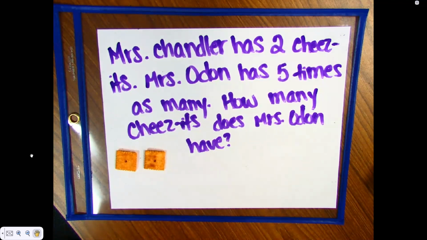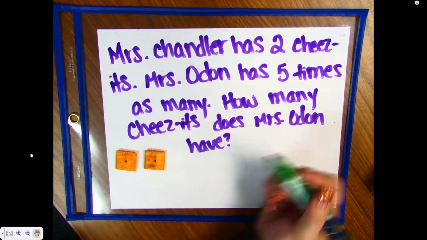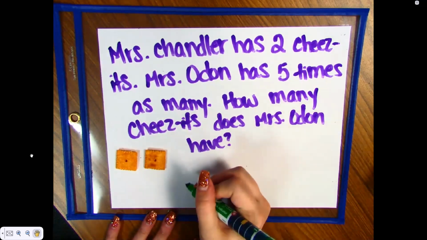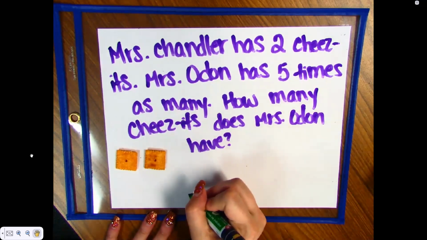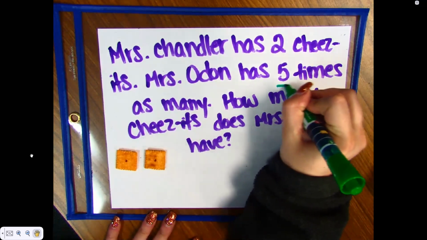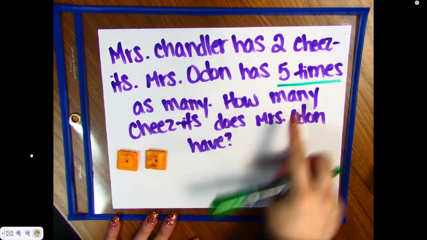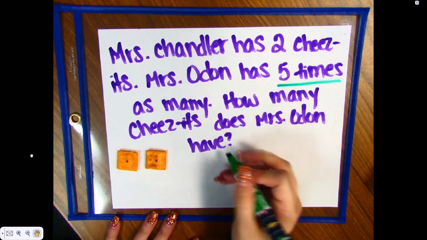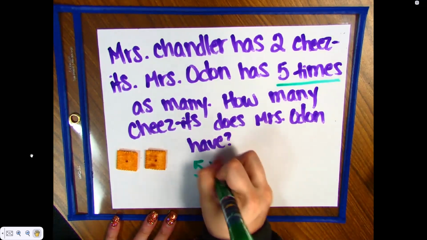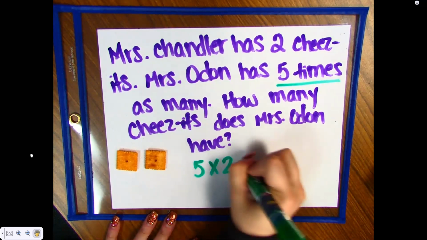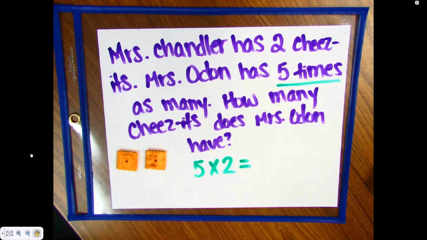Okay, so what would my equation be to help me figure out how many Miss O'Dawn has? Aiden, what would my equation be? 2 times 5. But look, I have 5 times, so 5 needs to go first. 5 times 2 equals, so what's 5 times 2?